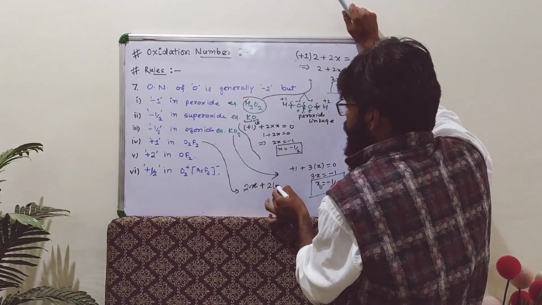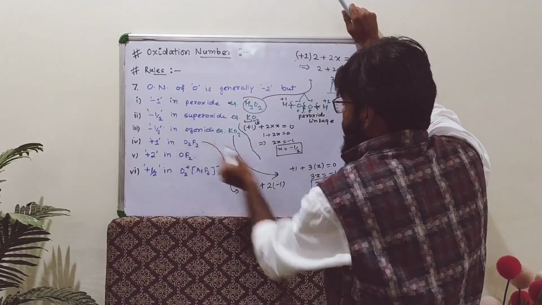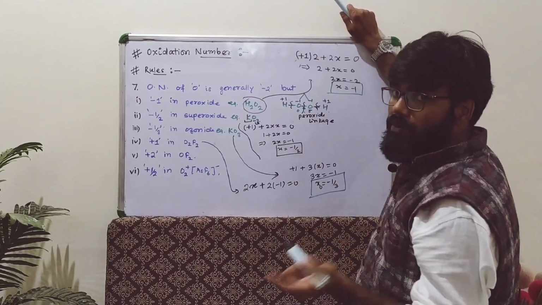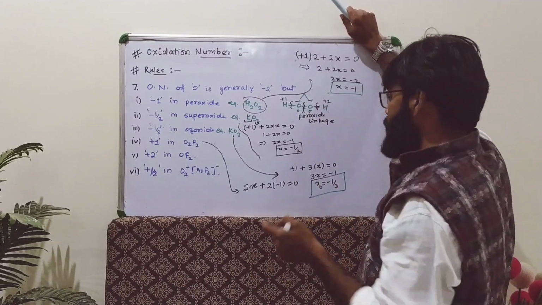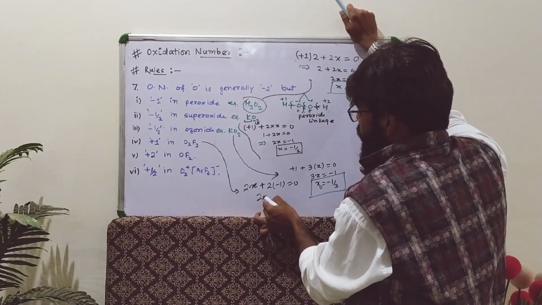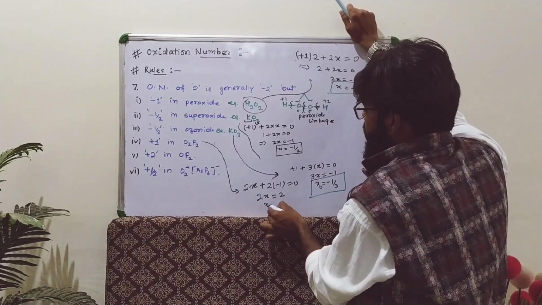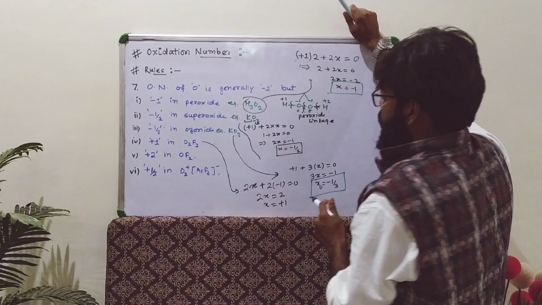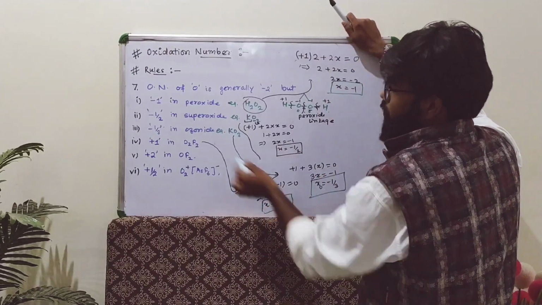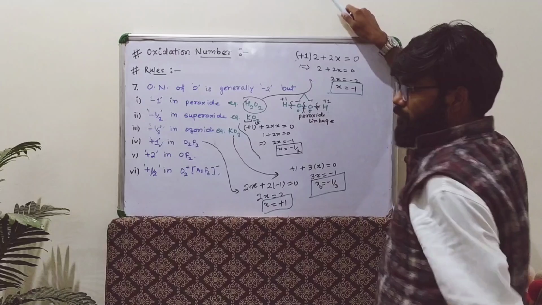So 2 into -1, and the net charge on the molecule is equal to 0. Since the sum of oxidation numbers of elements in a compound is equal to 0, that's why I have put 0 here. So we have to solve it as 2X is equal to 2, X is equal to +1. So in this case the oxidation number of oxygen is +1.